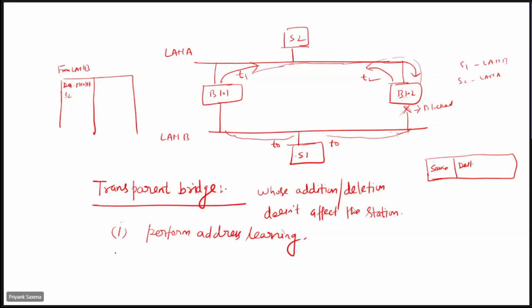The second is there should not be any closed loops. Redundant bridges and redundant paths should not be there. Ideally it should be a tree topology, but since we are using other topologies as well, how will it work? So we need to draw a spanning tree, right? And the third is frame forwarding.